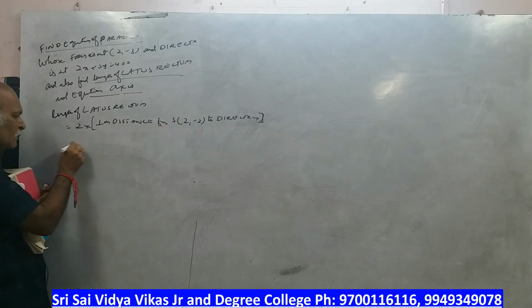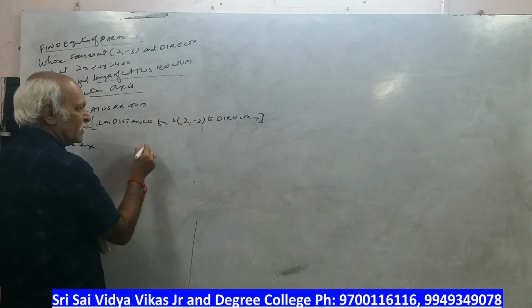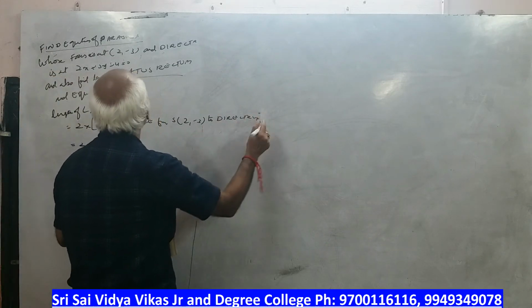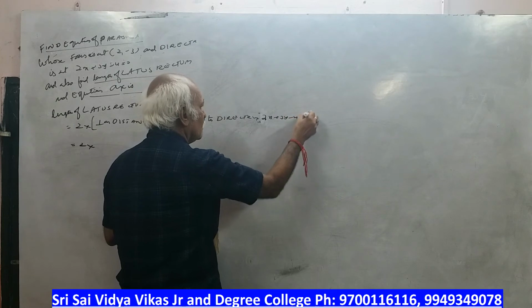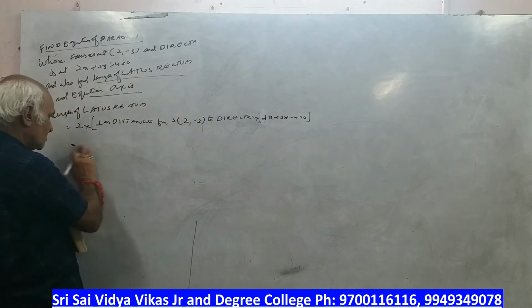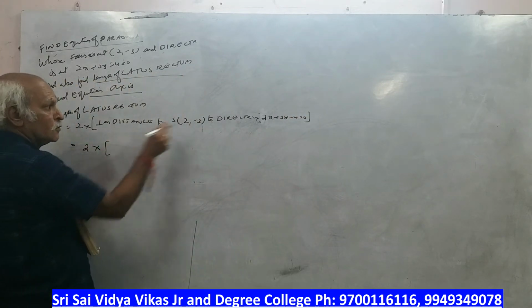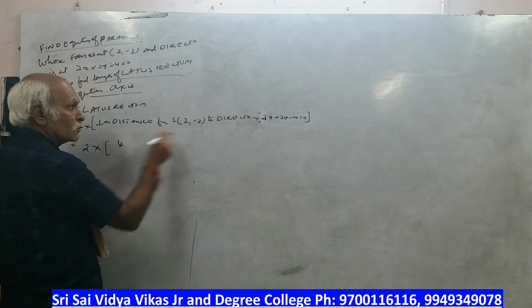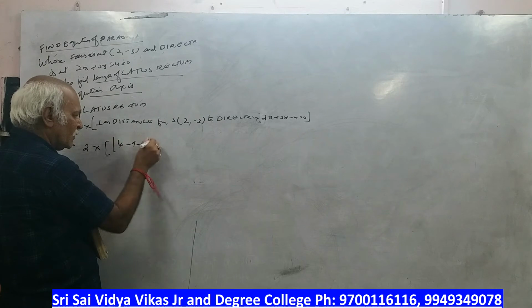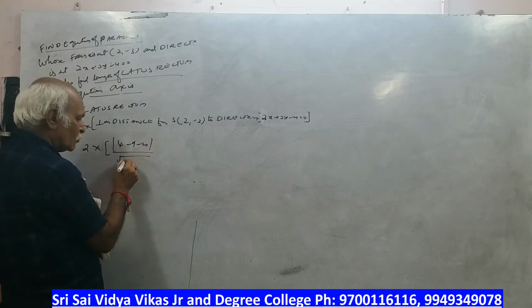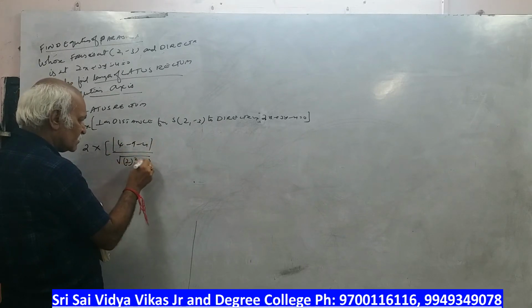Okay, so what will happen? 2 into x and y, the directrix is what, sir? Okay, so 2 into x is replaced by 2, so 4. 3 into minus 3, minus 9, minus 4, modulus, by root of 2 square plus 3 square.